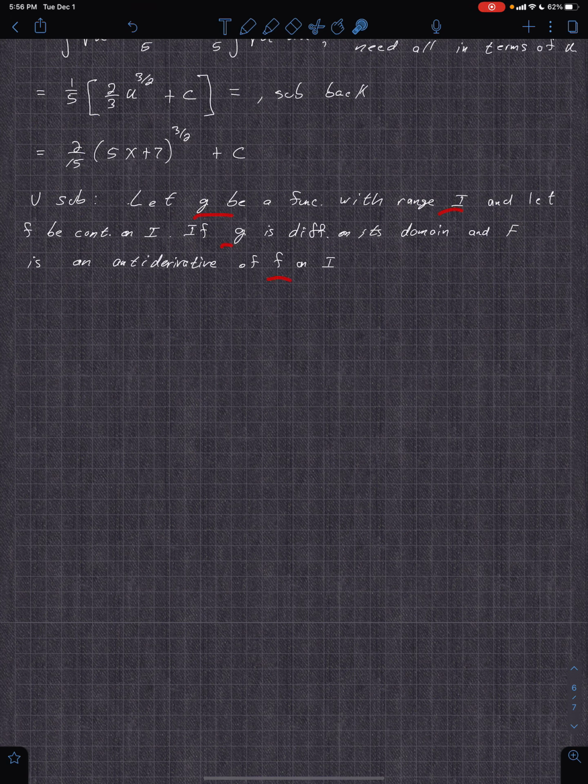It's just basically a composite function, but I have to say where it's continuous and where it's defined. Okay, then, sorry about all that. Then we have the integral of f of g of x times g prime of x dx, and that's basically your chain rule, right? Is equal to capital F, the antiderivative of g of x plus c.